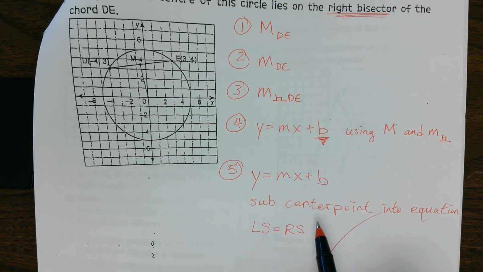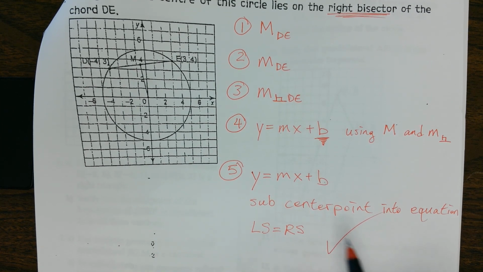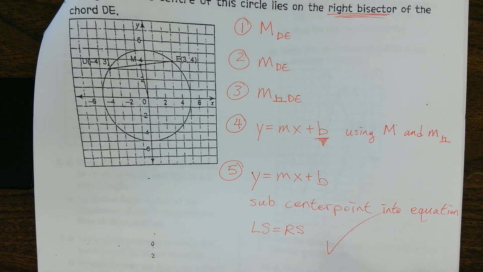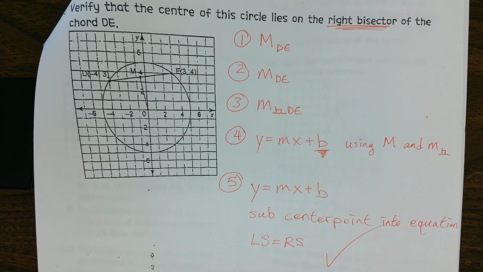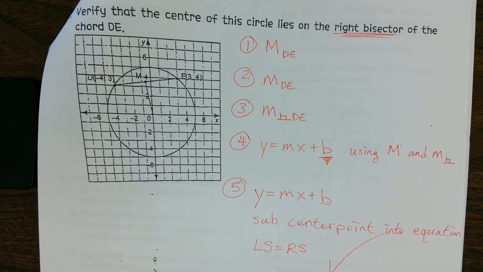Yeah. So if, when you do this step, left side doesn't equal right side, what does that mean? Yeah. It's not the center of the circle. Or is something wrong. Exactly. Okay. So either it's not the center or you did something wrong here.